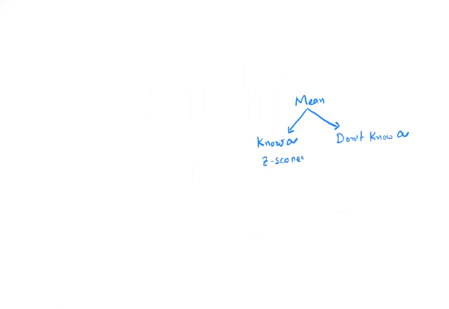If you don't know sigma, you use something called t-distribution, also known as student t-distribution.